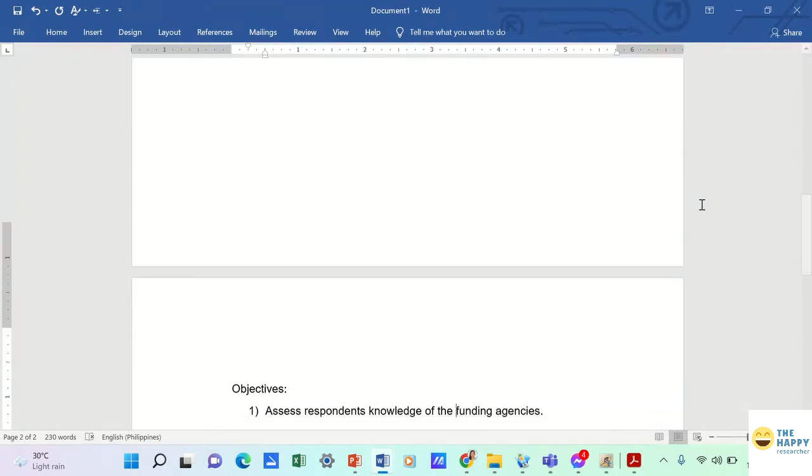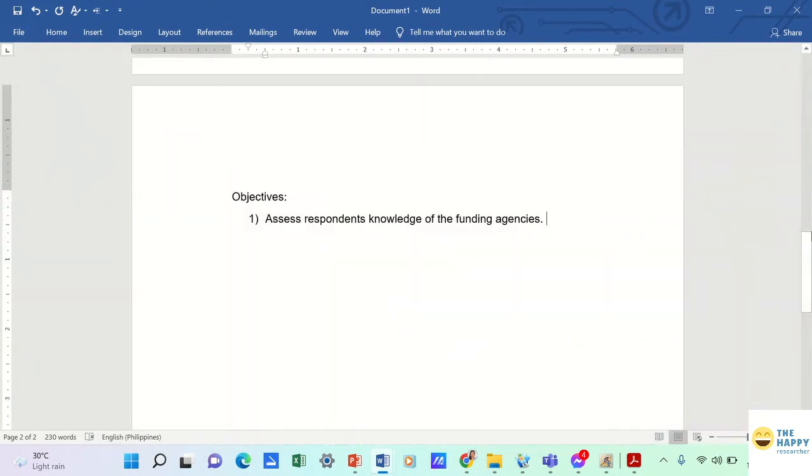Some require a statement of the problem, which is usually just the question form of your objectives, but most stylistic formats would require an objective, because this is usually how journals phrase the purpose of why they conduct their study.